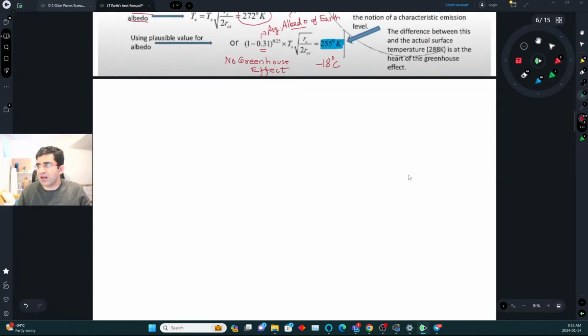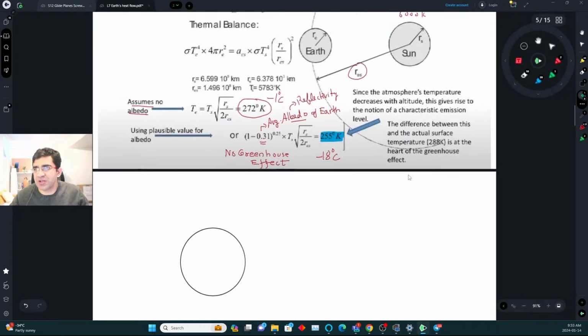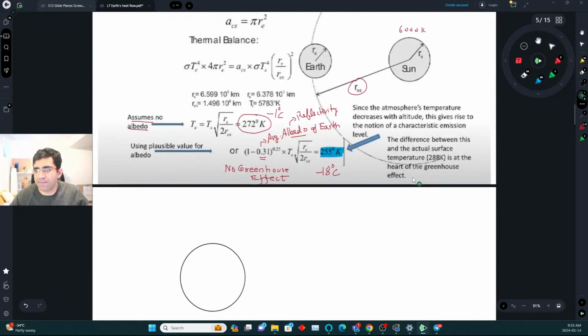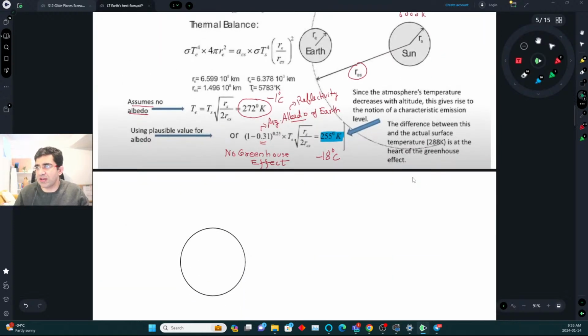So if you look at the Earth, what is the actual surface temperature of the Earth? On average, it is 288 Kelvin, roughly 15 degrees Celsius.